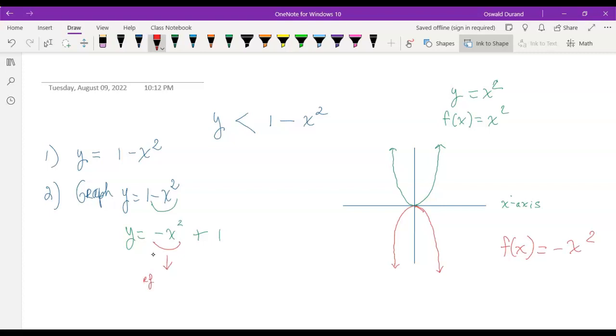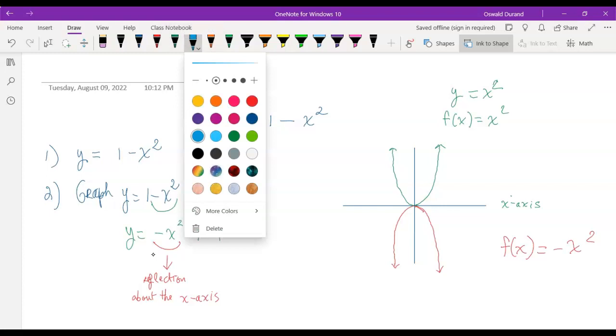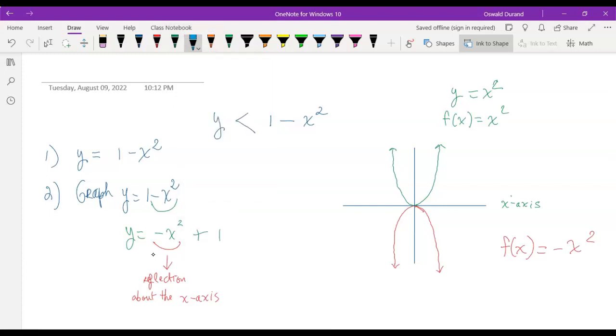a reflection about the x-axis, right? And then the plus 1 here, let me use another color, like this blue, right?